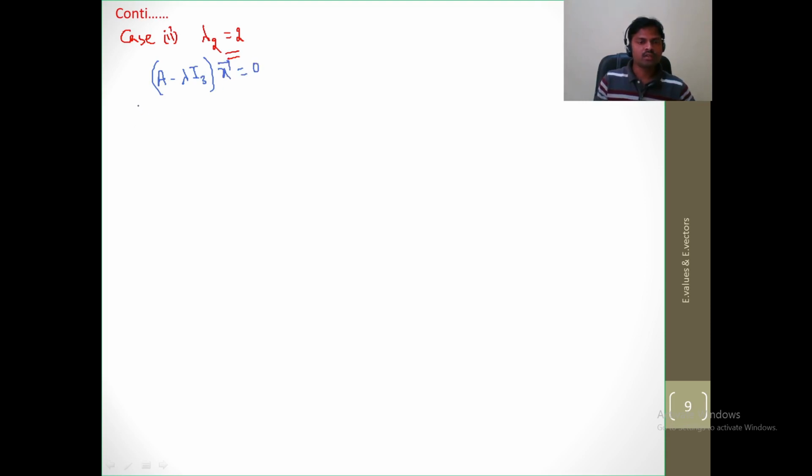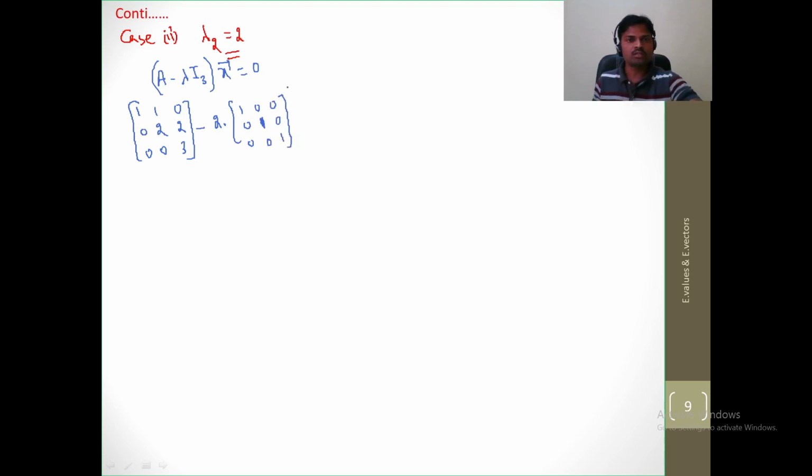And what is A? The matrix A is 1 1 0, 0 2 2 and 0 0 3. This is the upper triangular matrix. This is matrix A minus 2 into the identity matrix. What is the identity matrix here? The 3 by 3 identity matrix, because A is of order 3 by 3: 1 0 0, 0 1 0 and 0 0 1.